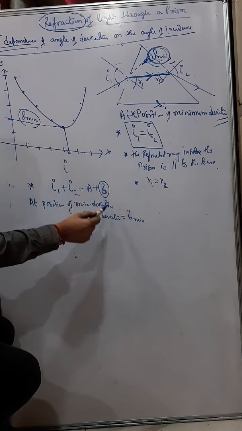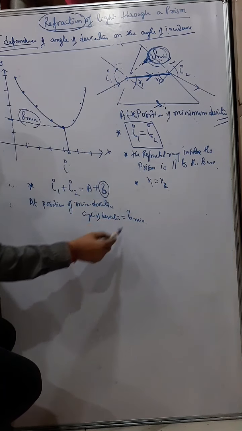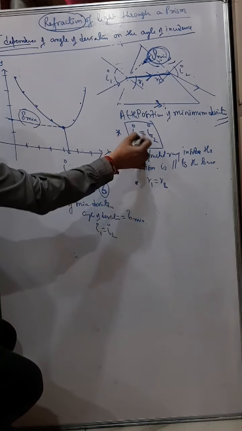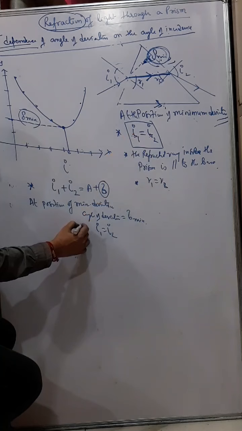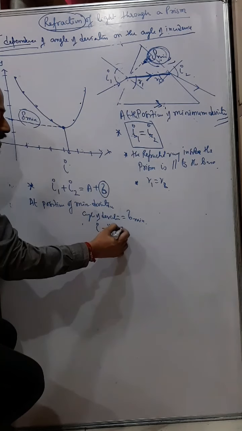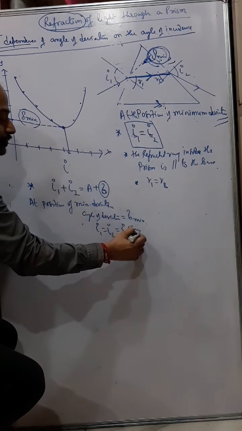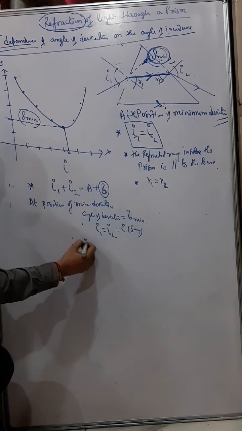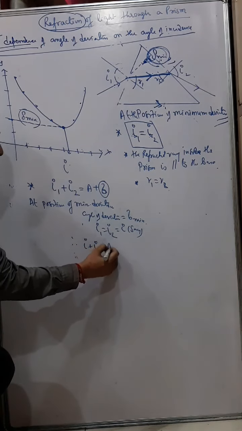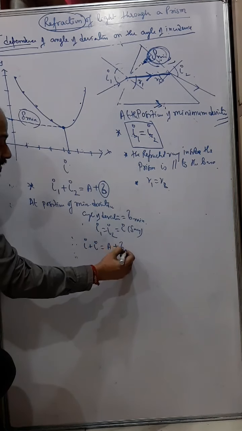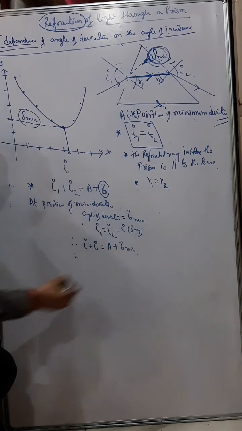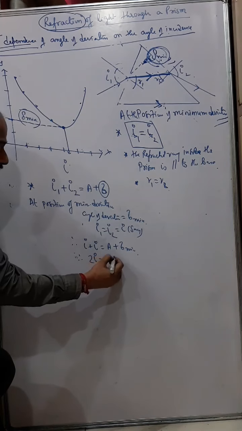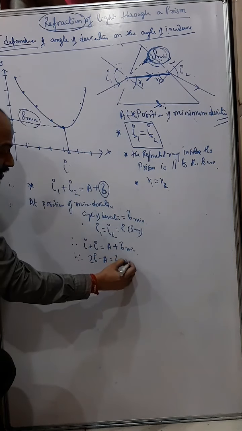So we have to just get an expression for the minimum angle of deviation, and I1 is equal to I2, we know, at the position of minimum deviation. Let us take it as I. Now what can I say? I can say I plus I is equal to the angle of prism plus delta minimum. So therefore I can say 2I minus A is equal to delta minimum.